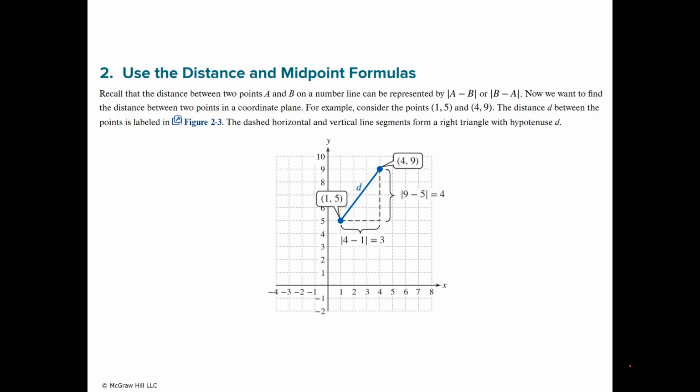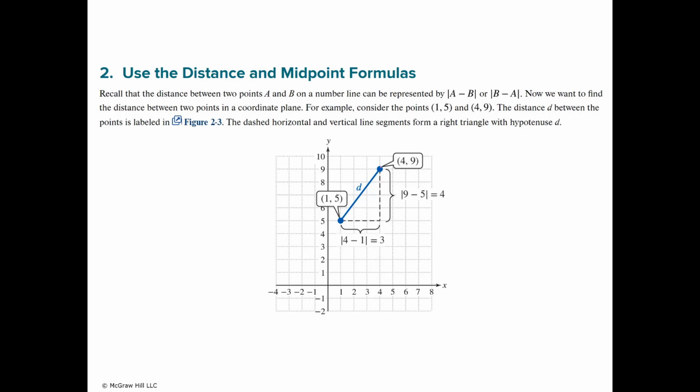All right, distance formula. The distance formula tells you how far apart 2 points are. And this is basically just the Pythagorean theorem, because if you're trying to find the distance between the point (1, 5) and the point (4, 9), for example, you can draw a right triangle so that you know what the legs are, because if x is 1 here and x is 4 here, then 4 minus 1 is going to give you 3.